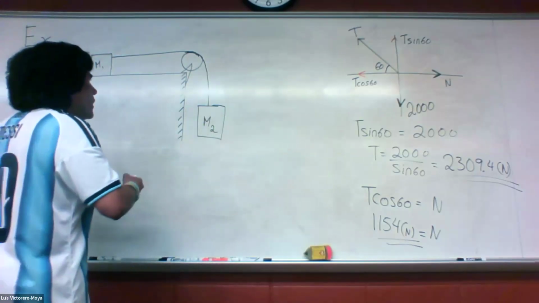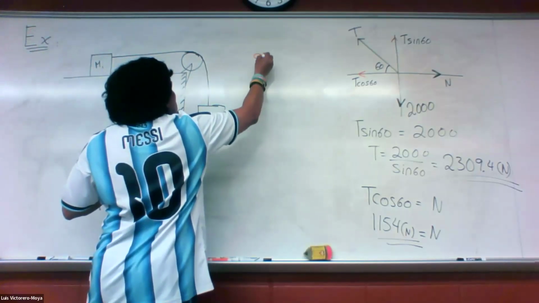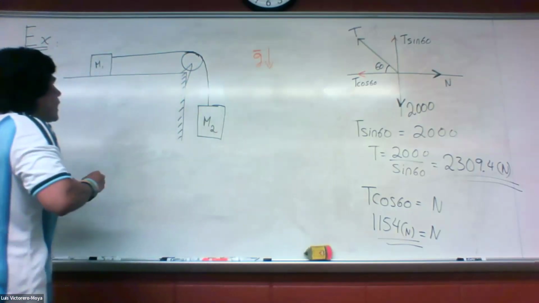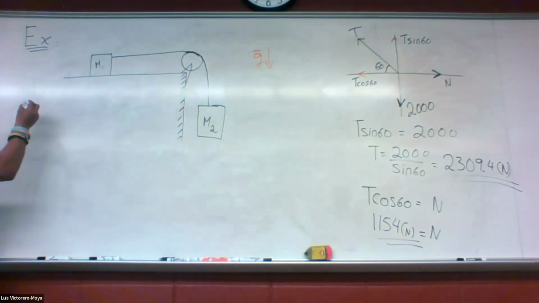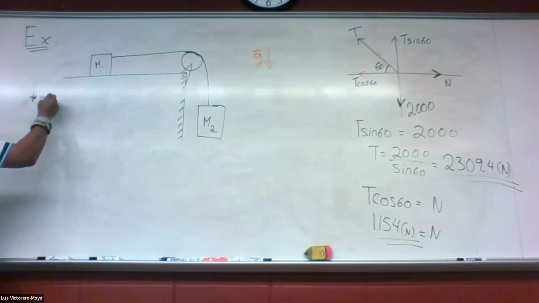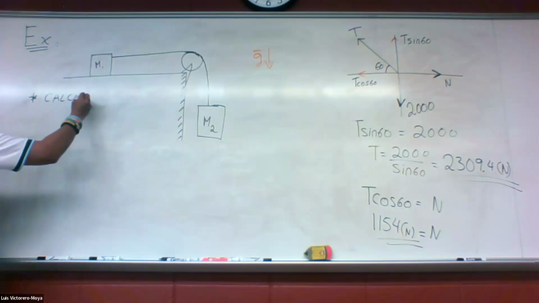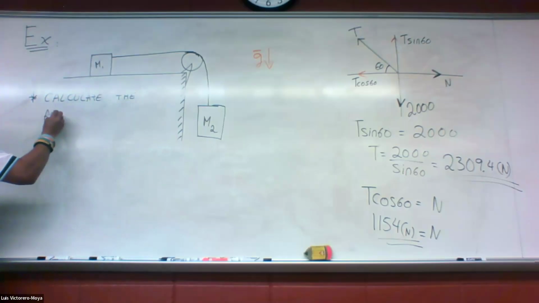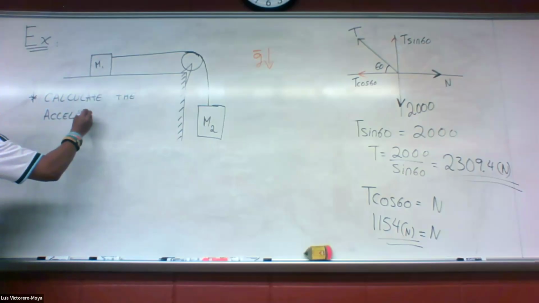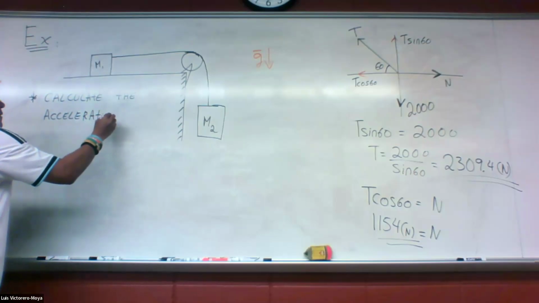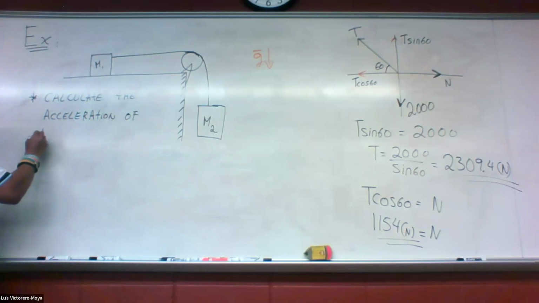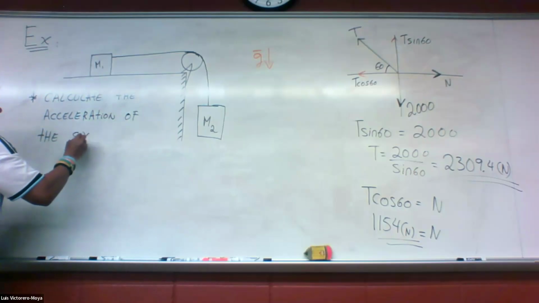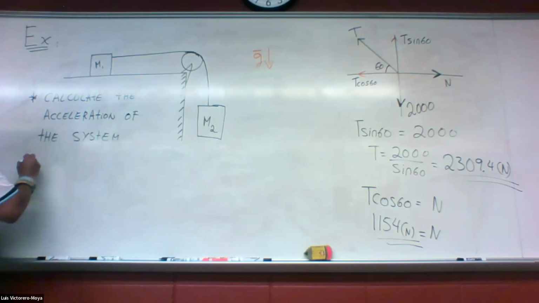The classic example is you're going to calculate the acceleration of the system and the tension on the rope.